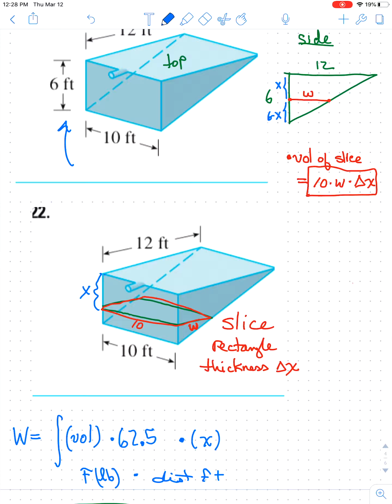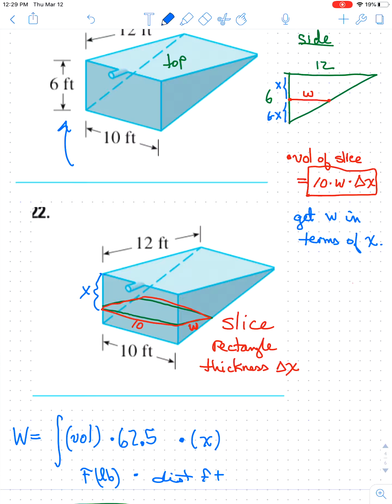And so now all we have to do is, it looks like x is going to be our variable, and the only thing we have to do now is get w in terms of x. Because then if we can do that, we're going to be able to take our volume and plug it right in here. We'll get everything in terms of x. That delta x is going to turn into a dx, and we're going to be in great shape to use that integral.